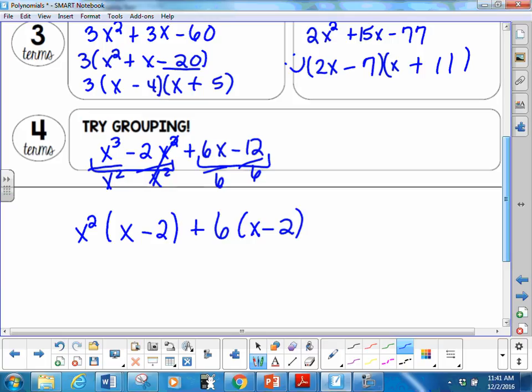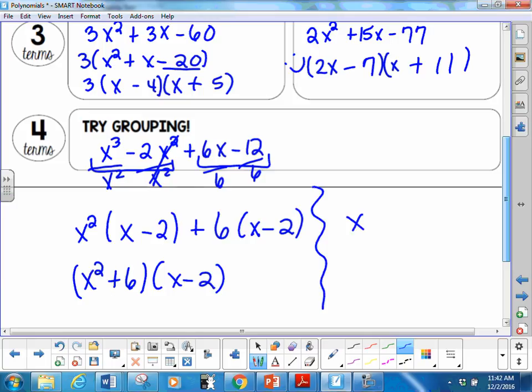Your answer is... Oh, I see how it works. Because when you get to this last step, what you're actually doing is factoring out an x minus 2 because it's common to both terms. So, whether you know that or not, you'll probably be okay.